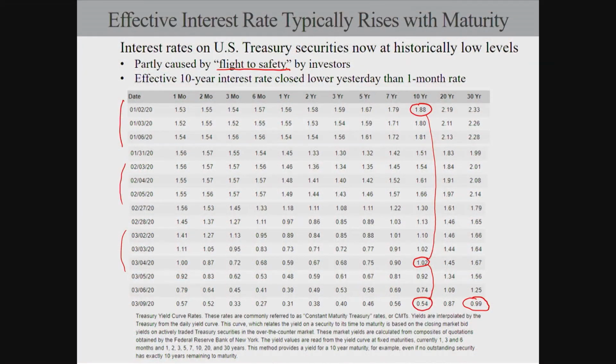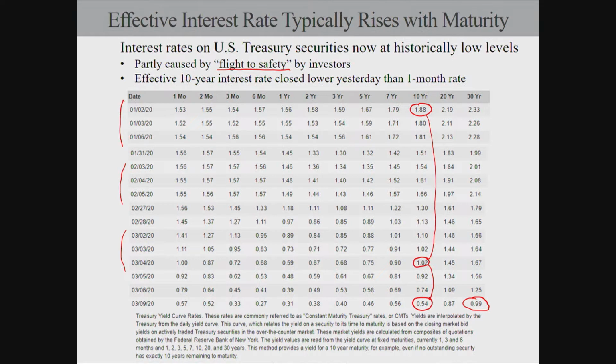I showed you a yield curve from a few years ago last time that conformed to that prediction, that basically interest rates on, let's say, the 1 month or the 3 month or the 1 year were much lower than on the 10-year or the 30-year. And right now, though, there's basically this flight to safety by investors, as investors have been pulling out of stocks, also known as equities, and flooding the bond market, putting that money into the bond market, which has tended to raise the price for bonds, and the interest rate moves in the opposite direction of the price of bonds.